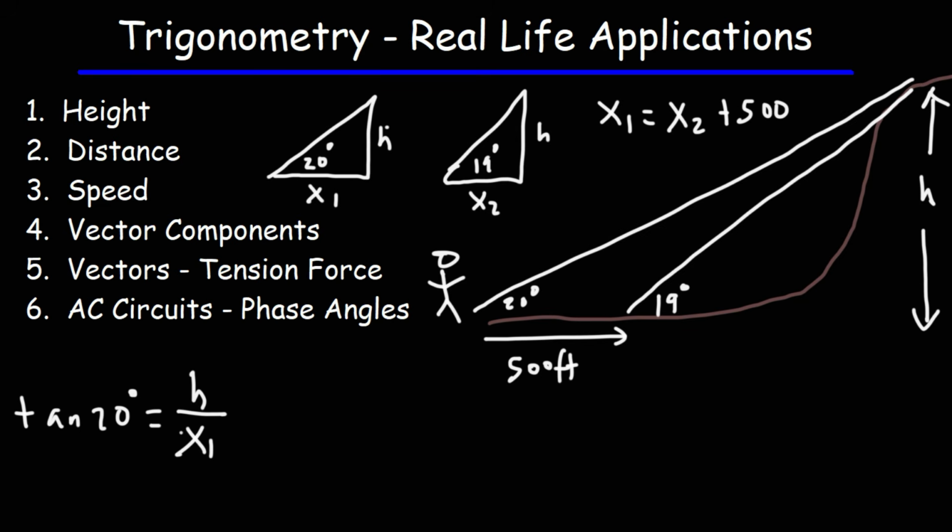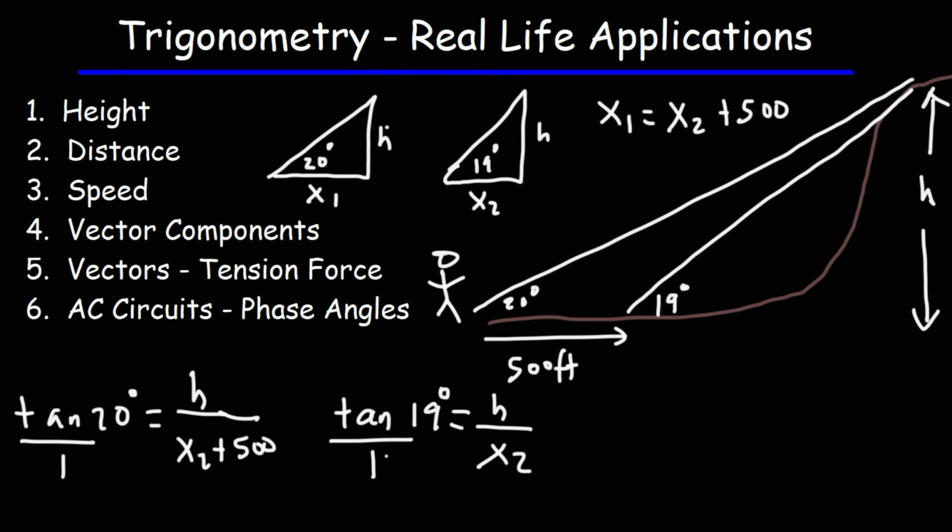Instead of writing X1, I'm going to replace X1 with what it equals, that is X2 plus 500. For the other triangle, tangent 19 is equal to the opposite side over the adjacent side, so that's h over X2. So right now we have two equations and two variables, so we can solve this.